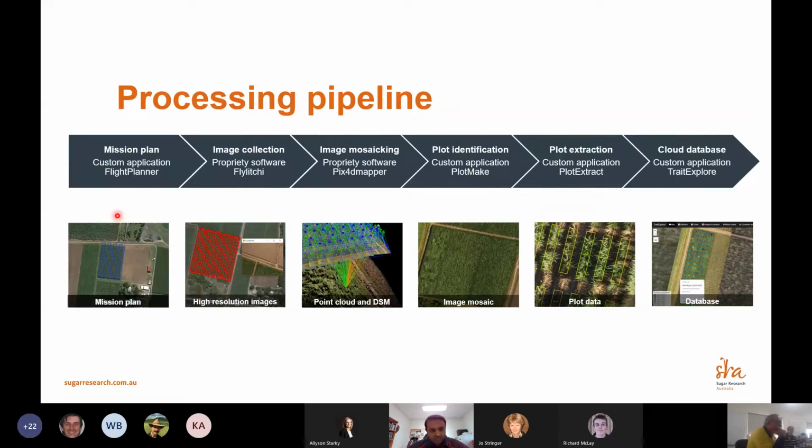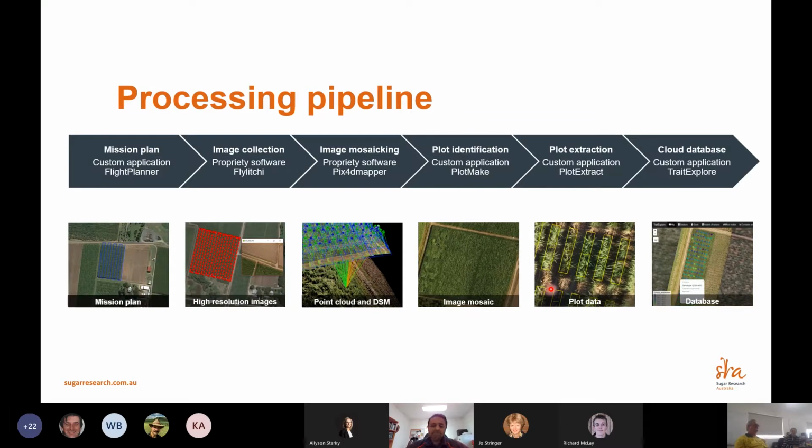Now the drone flies autonomously along this path, and as it flies, it captures a series of high resolution images. And these images are then fed into software, which stitches them up to give us an image such as this, which is called an automosaic. And once we have the automosaic, we can use some GIS techniques to extract plot level data from these images.